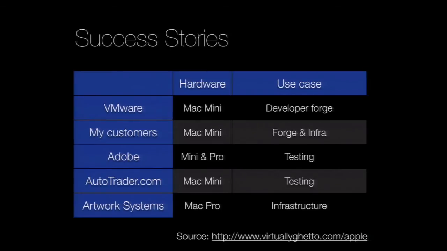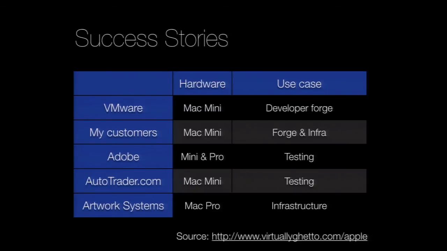They use it for their own developer forge to build and test their VMware Fusion and things like that. My own customer, I use it with a Mac Mini most of the time for developer forge and infrastructure server, so general server. In my own lab, I use 5 Mac Minis with a Synology on the back, and it works pretty well.